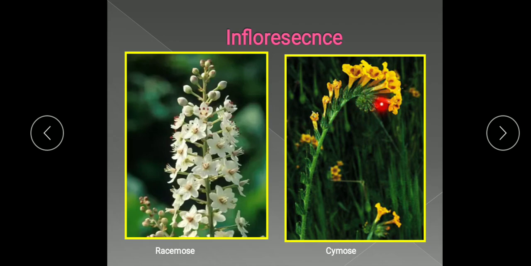Here there will be no growth at the apex; in racemose there is continuous growth at the apex, but in cymose there is no growth at the apex. So when the first flower arises here, it limits the apical growth of the main axis of the inflorescence, and other flowers are formed in basipetal order. What is basipetal order? The oldest flower is at the terminal end, and younger ones arise in the lateral position. So this is the cymose inflorescence.